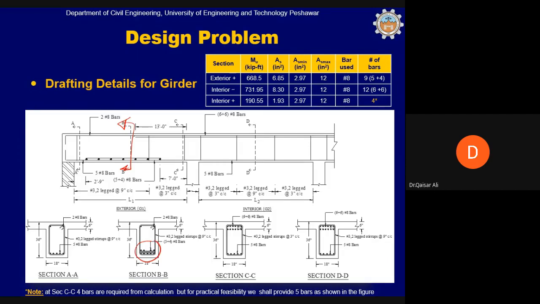You have 1, 2, 3, 4, 5, 6, 6 plus 4, 10 bars. But in section CC, you can only see 6 bars. These 4 bars have been curtailed. Similarly, negative bars have been curtailed at L/3. All 6 bars from this second layer have been curtailed.